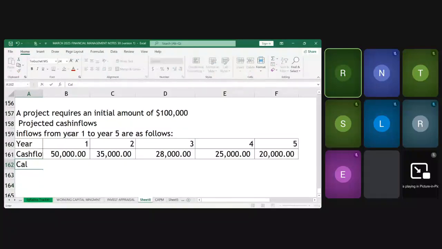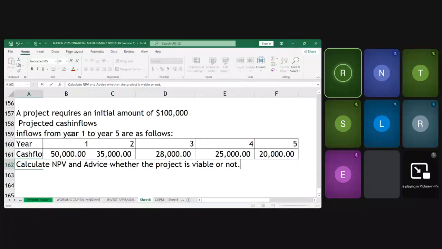Calculate NPV and advise whether the project is viable or not. Right? Assume 10% cost of capital. Cost of capital. All right. Assume 10% cost of capital.